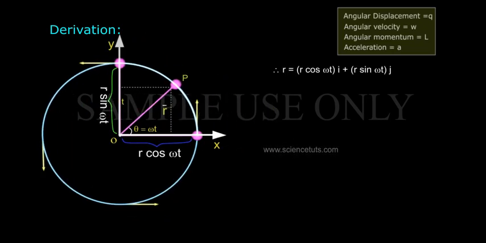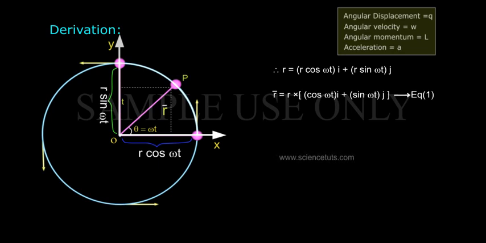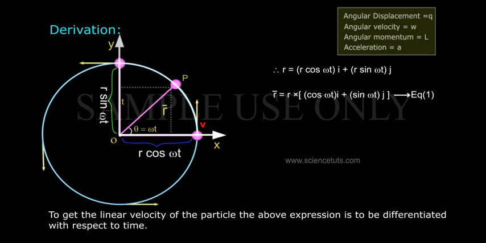Therefore, r bar is equal to r cos omega t i plus r sin omega t j, that is, r bar is equal to r into (cos omega t i plus sin omega t j). Equation 1.